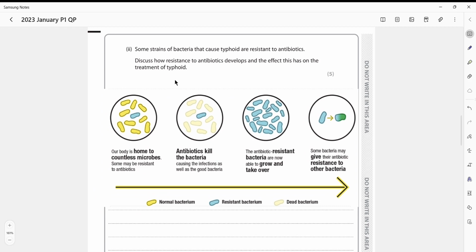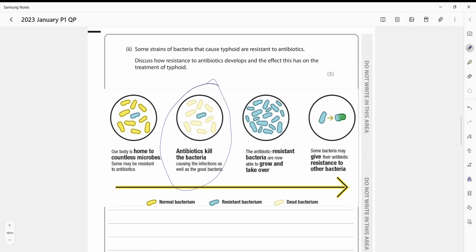So for example, you might have a population of bacteria. Let's say most of them are normal and maybe you have 1 or 2 or several bacteria that are resistant to the antibiotics. So if you expose them to antibiotics, what would happen is that the ones that are not resistant, they would die. And the ones that are resistant, they would survive.